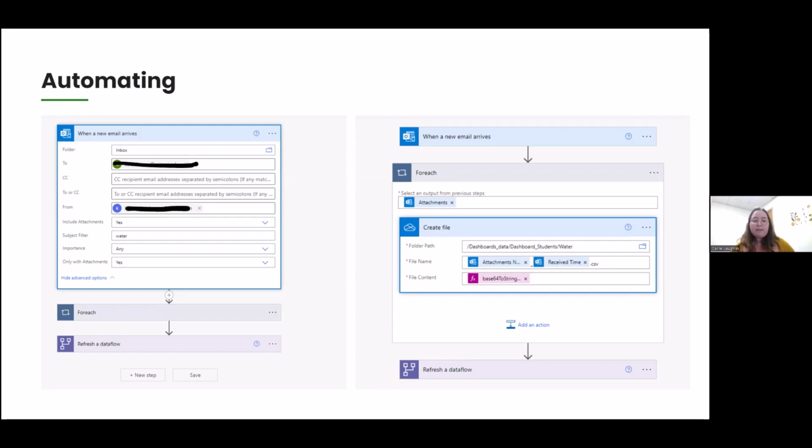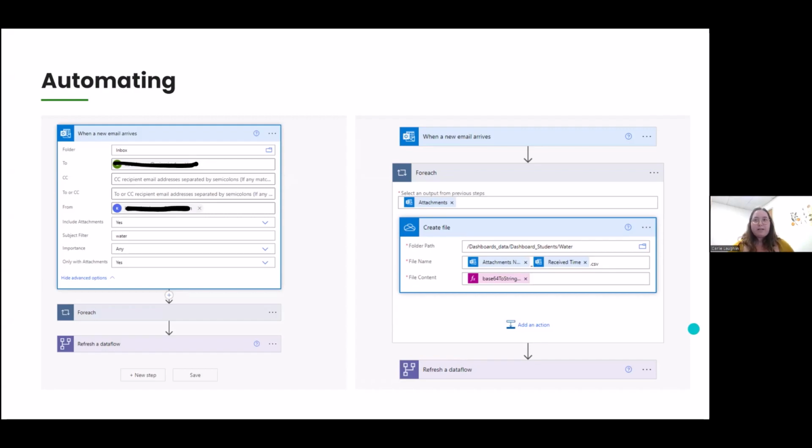Then we will append the newly created data, the combined files from the OneDrive folder, to the water data set, the master water data set that is feeding into the dashboard.